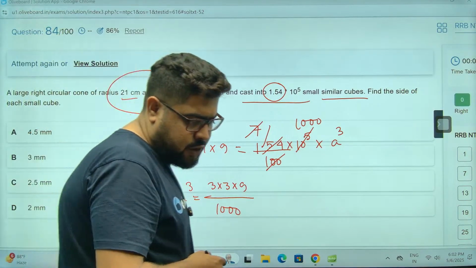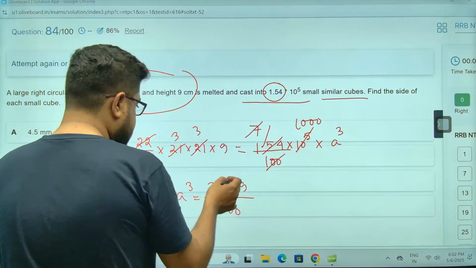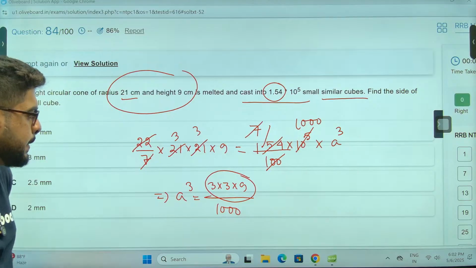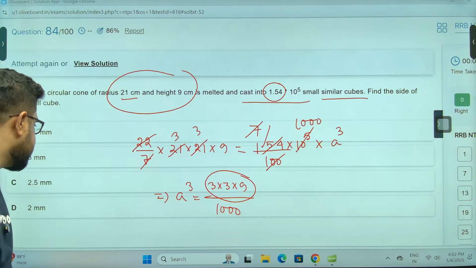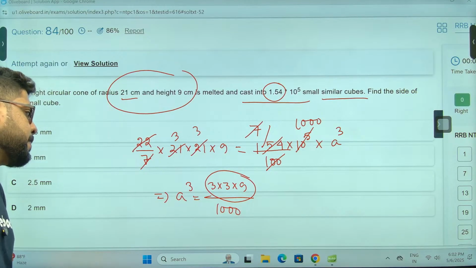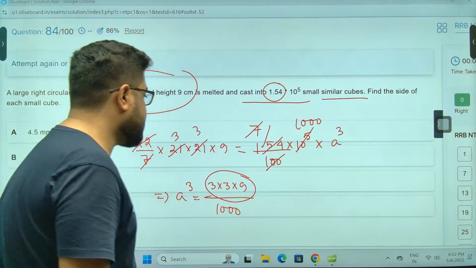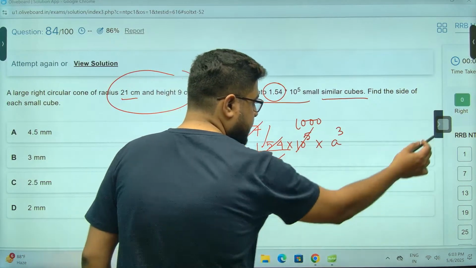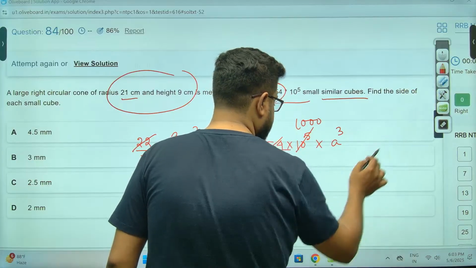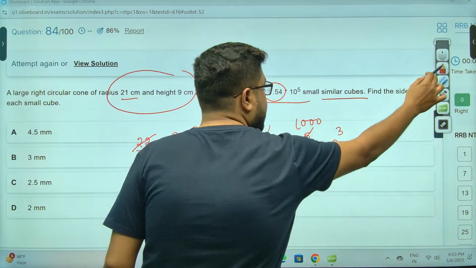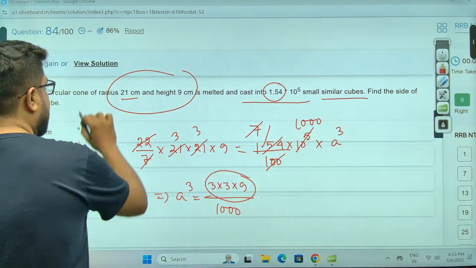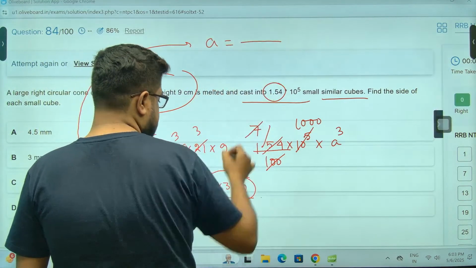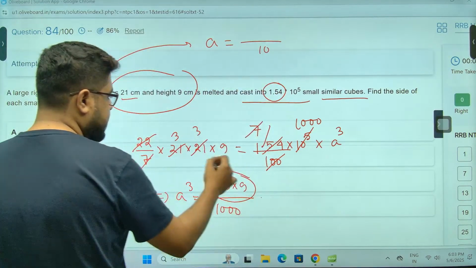Sir, something is not right. This is 3 to the power 4, right? This is 3 to the power 4. A should be this. There is some problem in the question. A should be 10 cube root, but this is not coming.